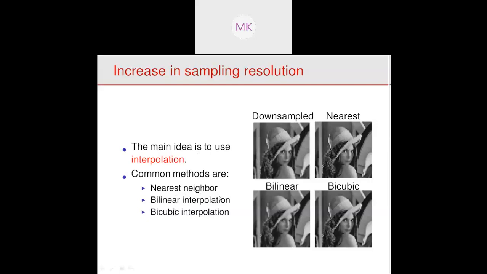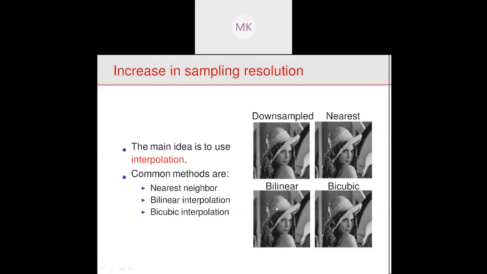There are three methods. First is nearest neighbor, second is bilinear interpolation, and third is bicubic interpolation. In nearest neighbor, we assign the pixel the value of the nearest neighbor in the given image. In bicubic, we apply the cubic equation in order to perform the interpolation.